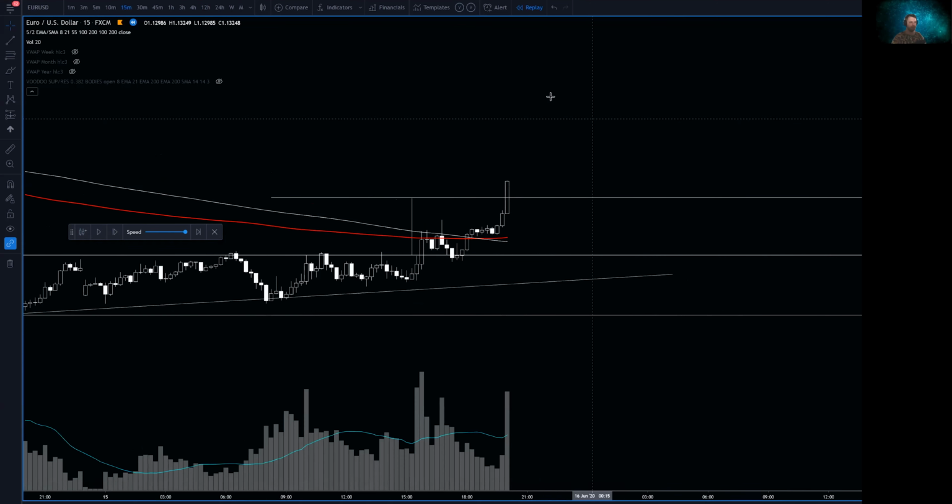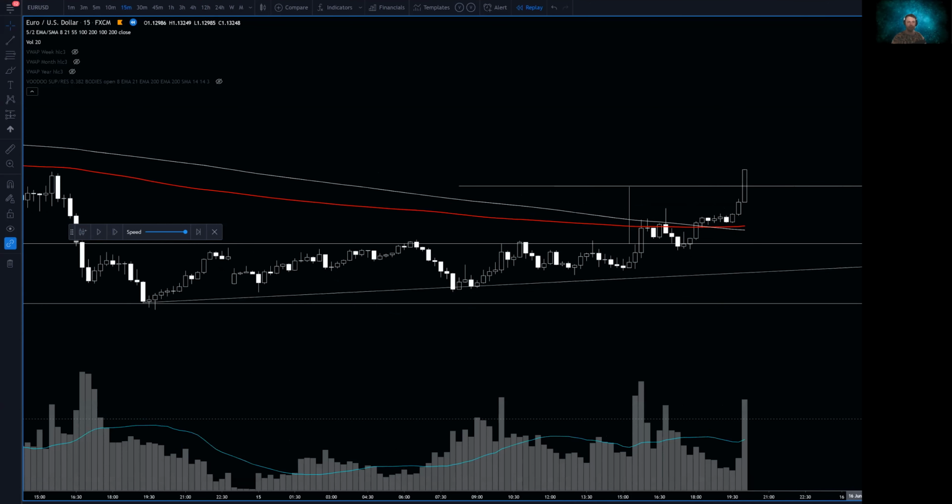Because this picture, if you see it solely without any context, looks really bullish, doesn't it? But you have taken your chance, you have taken your setup, and your job is to make money on the market, not to be in the market all the time.